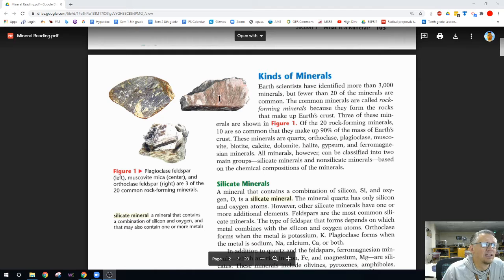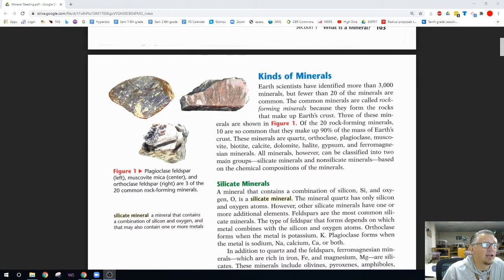Kinds of minerals. Earth scientists have identified more than 3,000 minerals, but fewer than 20 of the minerals are common. The common minerals are rock-forming minerals because they form the rocks that make up the Earth's crust. 3 of these minerals are shown in Figure 1.